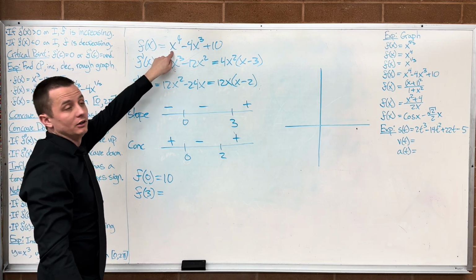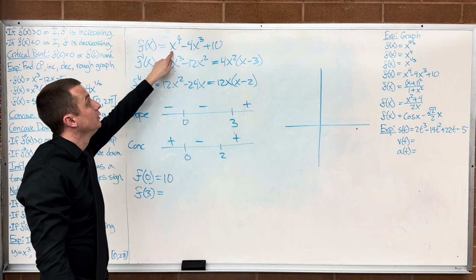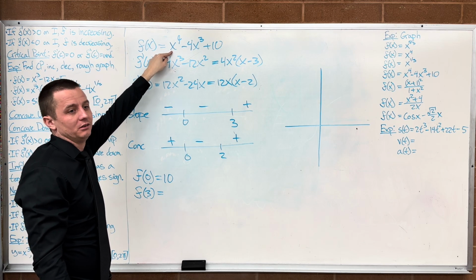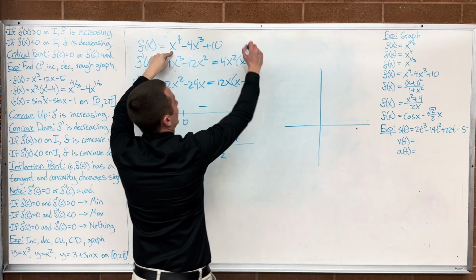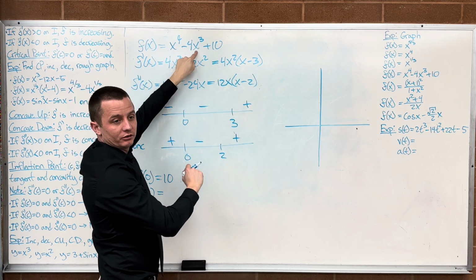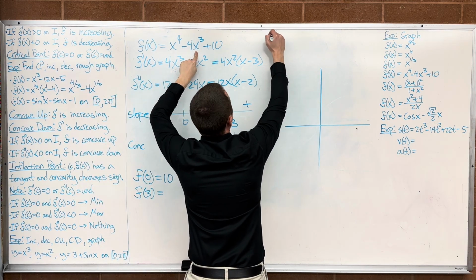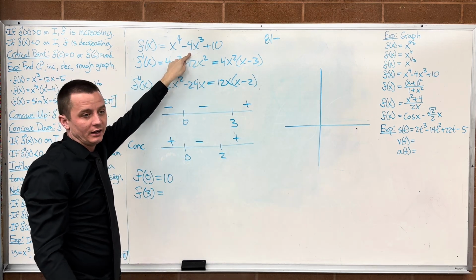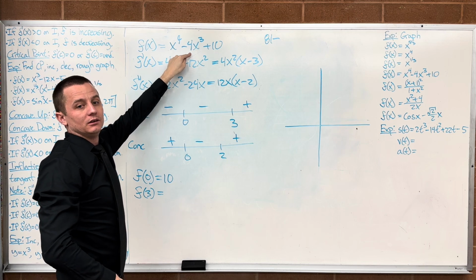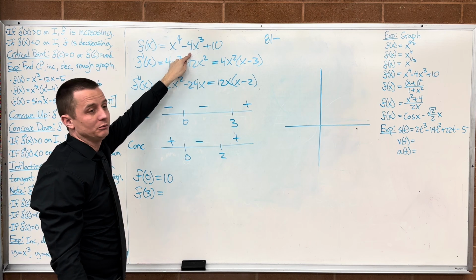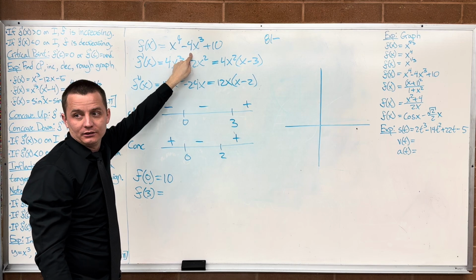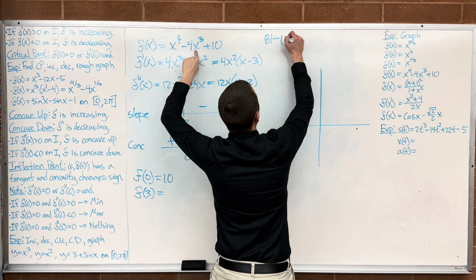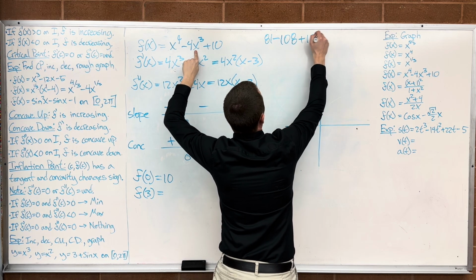Plug in 3: 3 to the power 4 is 81, minus 4 times 27, which is 108, plus 10.